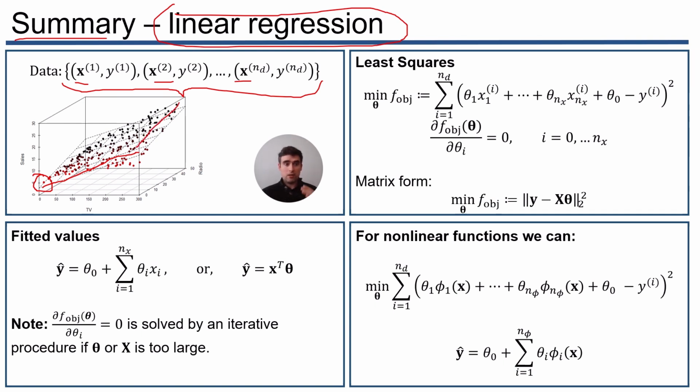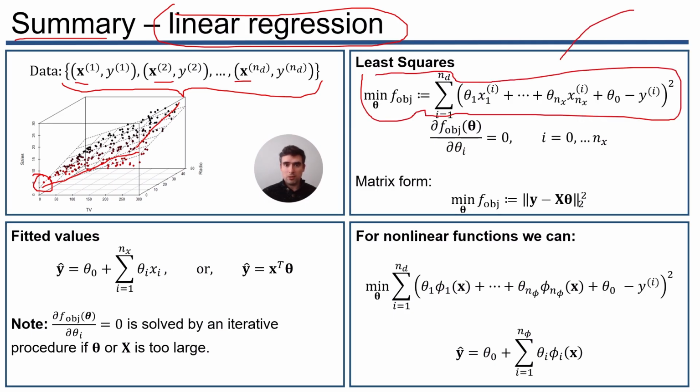We said that we constructed this model by solving an optimization problem. And this is basically what we will be doing for practically every machine learning model, where we try to minimize the difference between the model and the data.